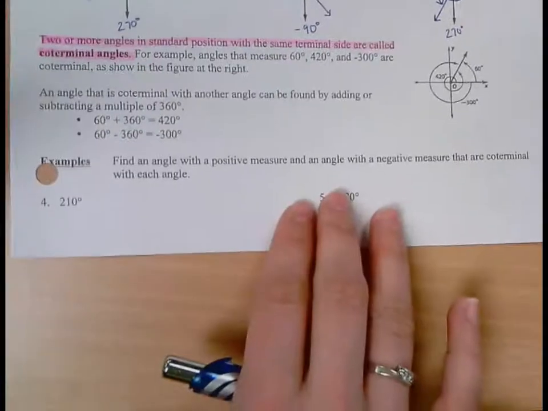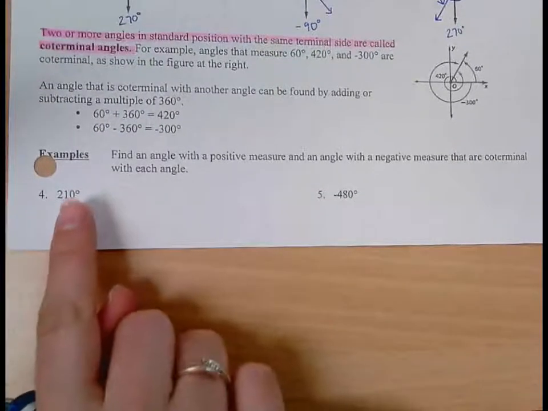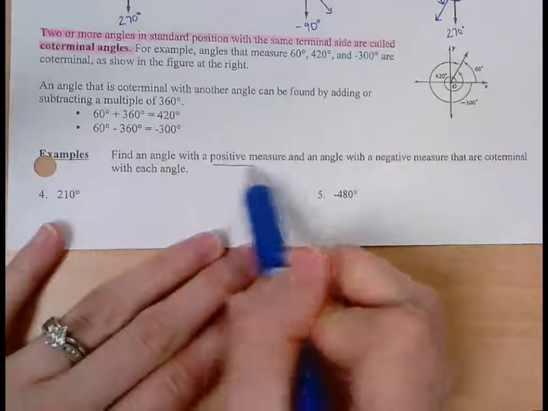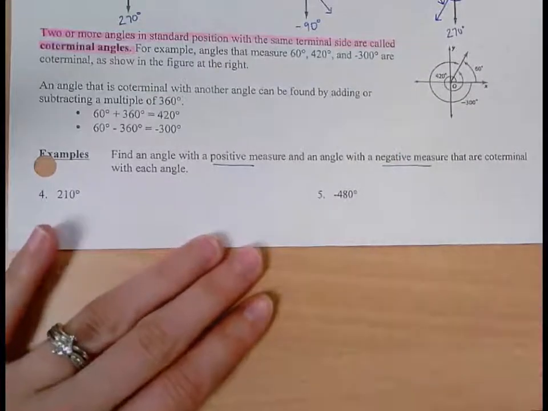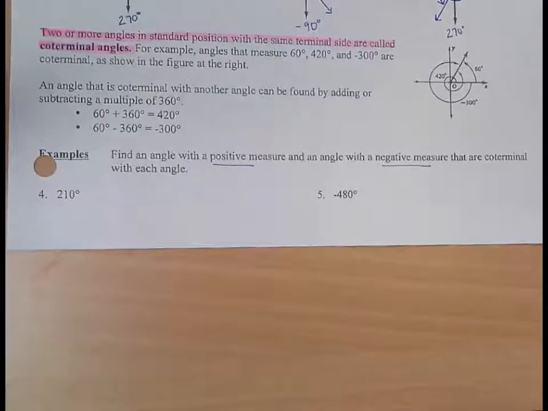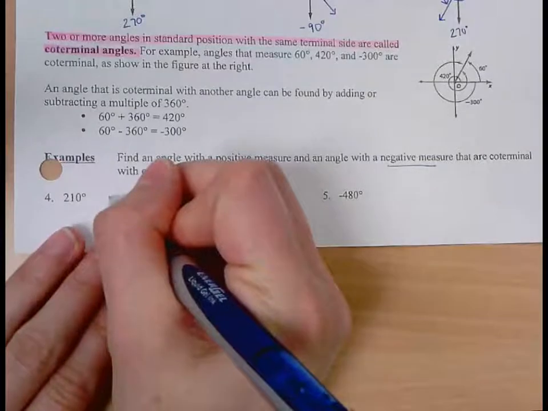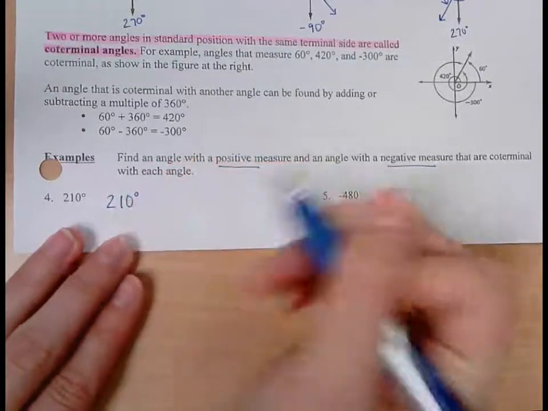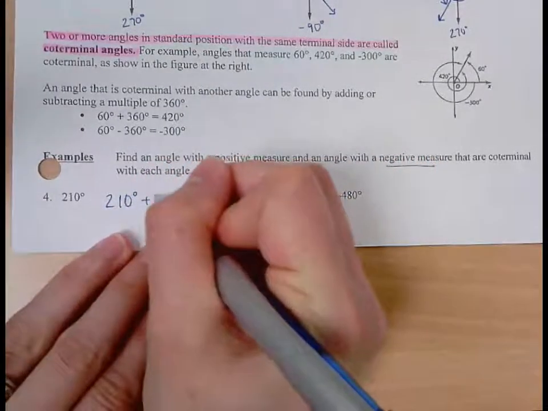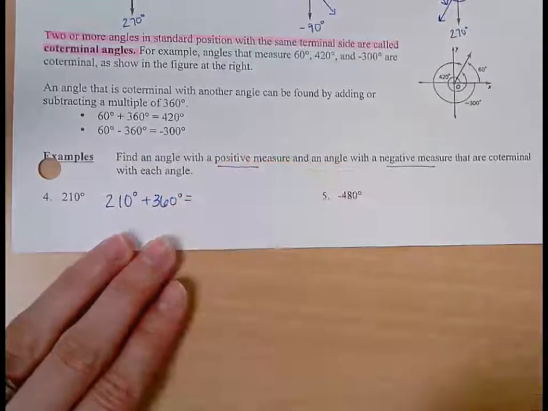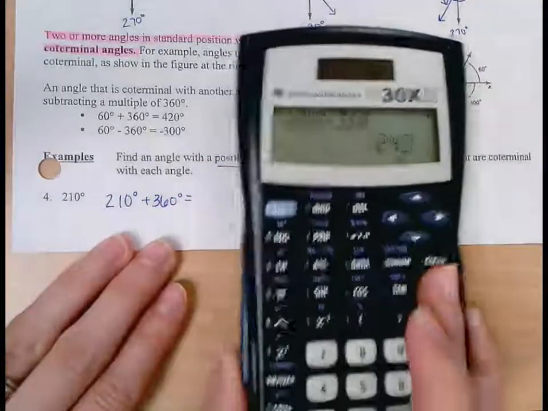So you might see problems like this, where it says find an angle with a positive measure and an angle with a negative measure that are coterminal with the angle that's given. So if I have an angle of 210, I could add 360 degrees to get a positive coterminal angle.